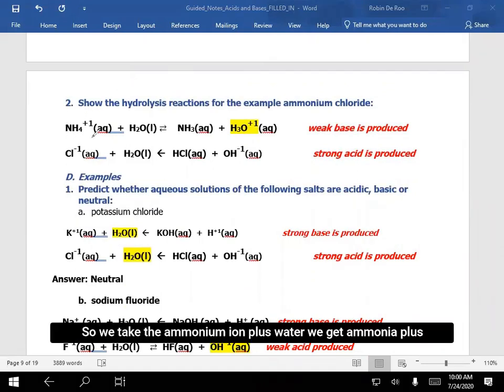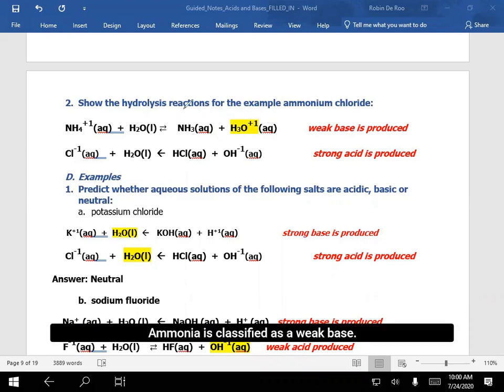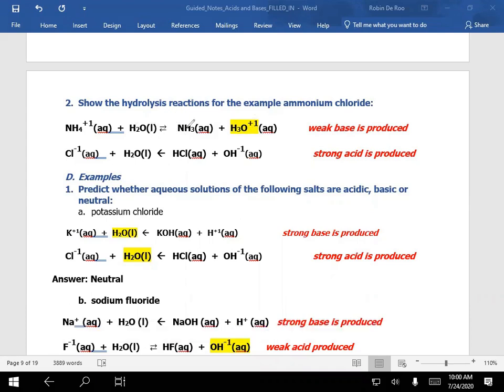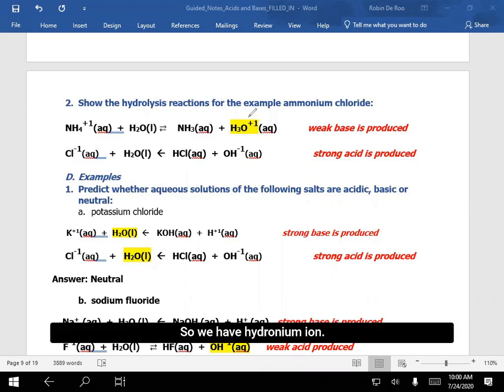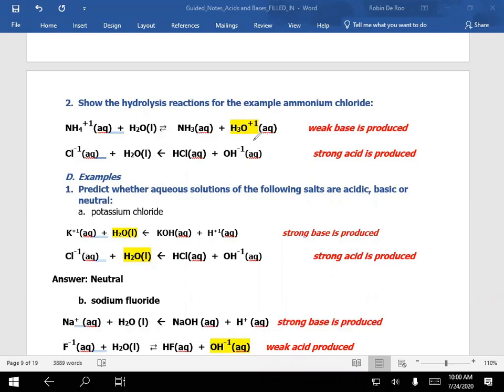We take the ammonium ion plus water, we get ammonia plus hydronium ion. Ammonia is classified as a weak base. It's a good base, but it's still a weak base. Therefore, we have an equilibrium. So we have hydronium ion.